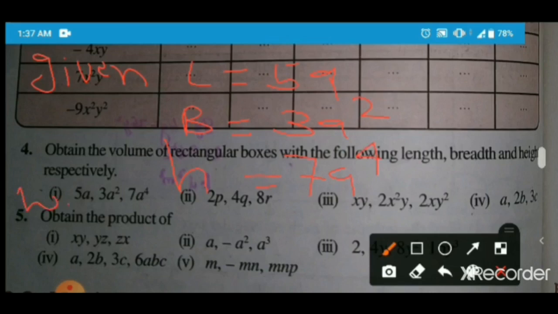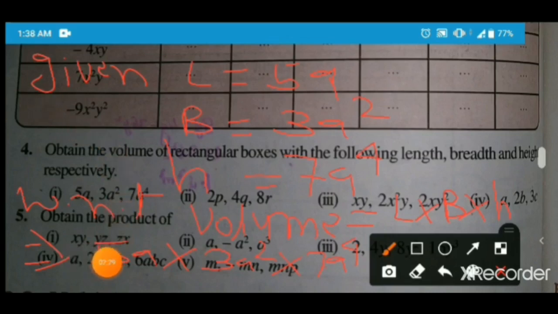Now we know that volume of rectangular box is equal to L into B into H. So it shows that it is 5a multiplied by 3a square multiplied by 7a raised to the power 4.